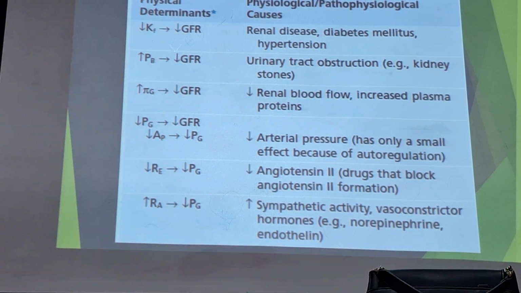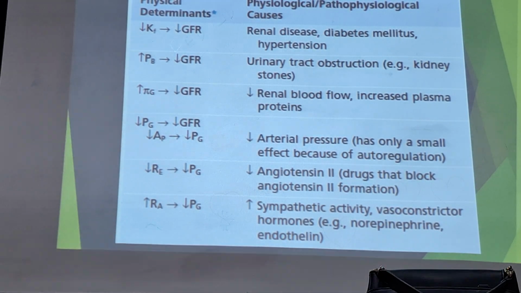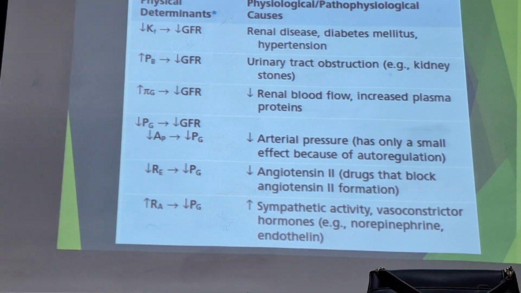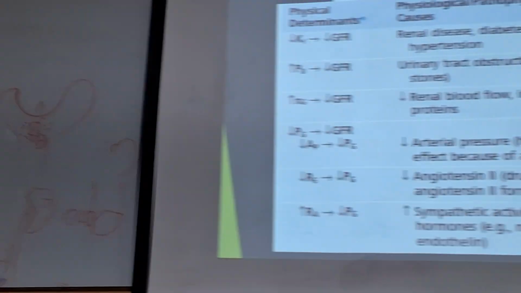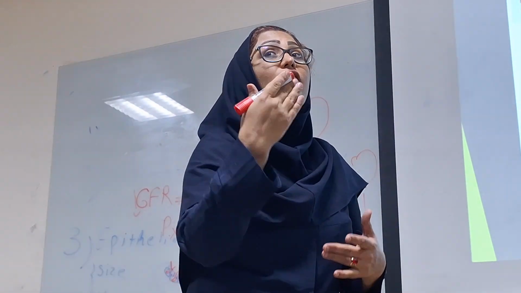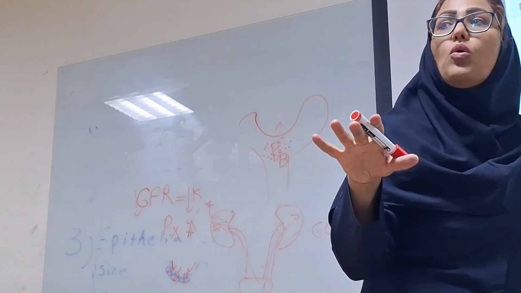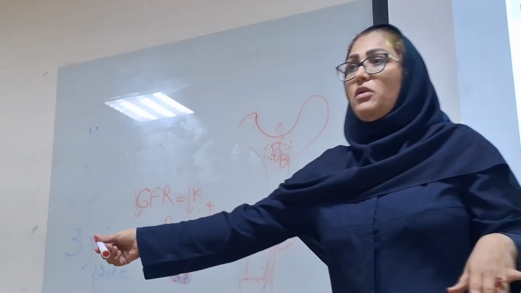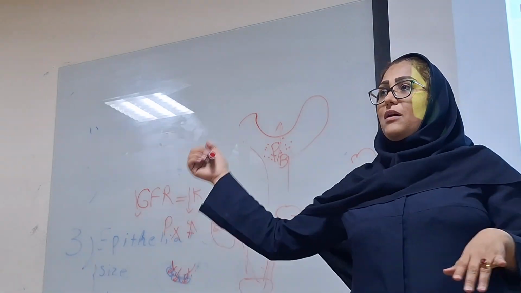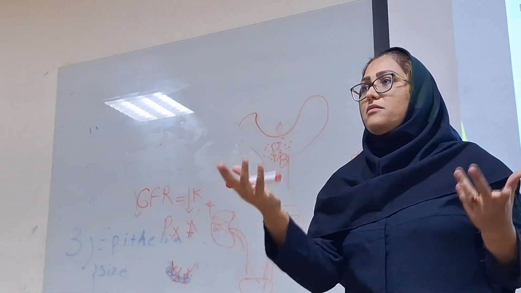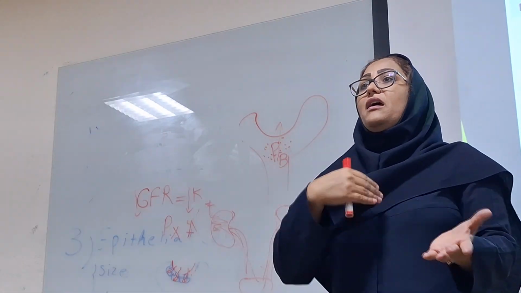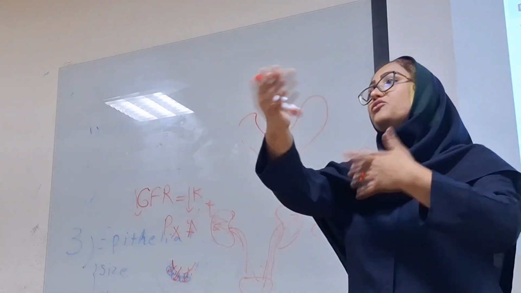Pay attention. Suppose that renal blood flow is low. Blood moves slowly, so plasma has enough opportunity to filter. But when blood flow is rapid, there is no opportunity for filtration.